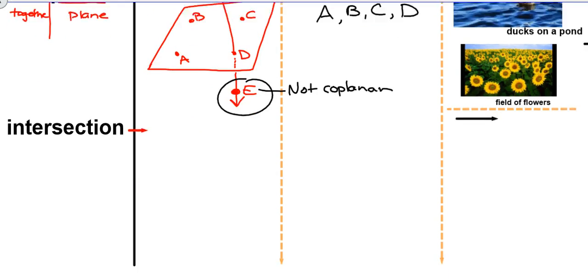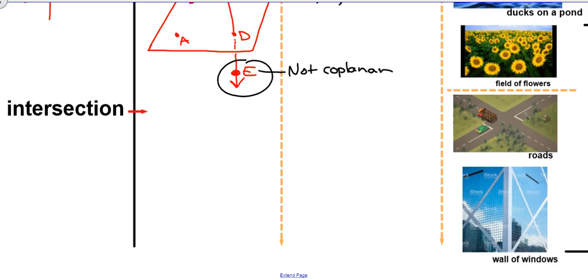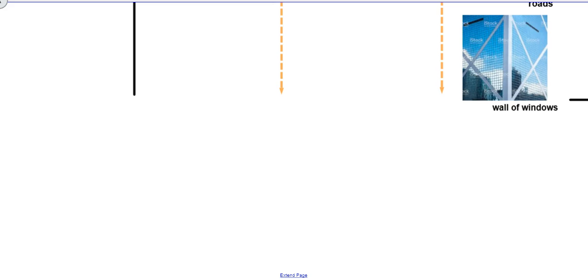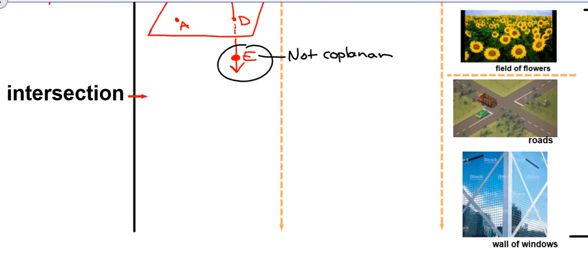Then the last term that we have on this page is the term intersection. And an intersection is exactly what you think it might be. An intersection is where things cross. The easiest example would be these roads right here, where they intersect right there. Or you see on these windows, you can see the intersection right here.